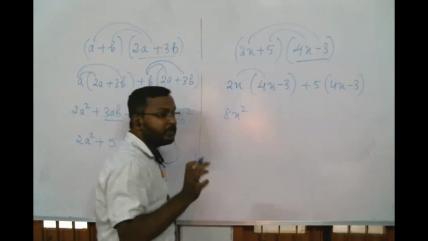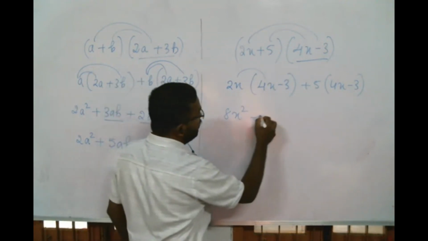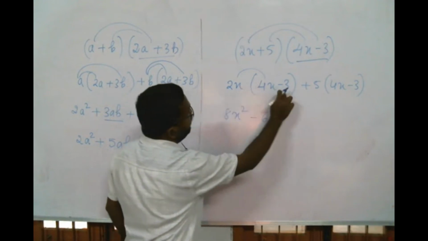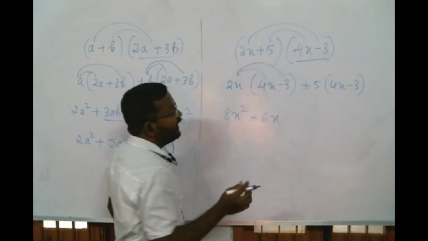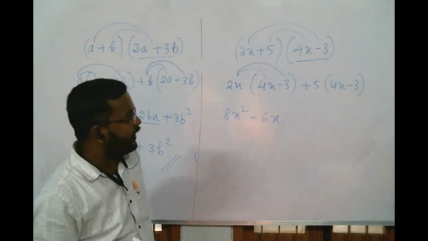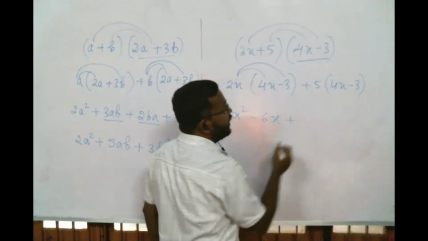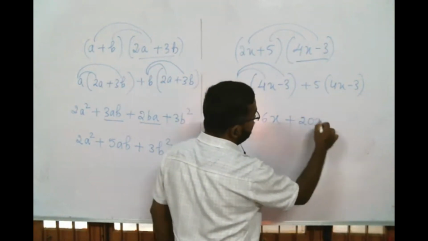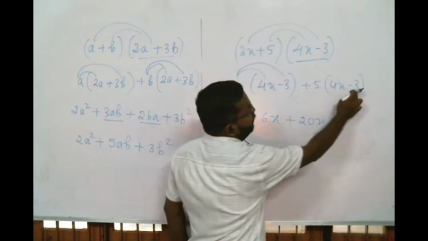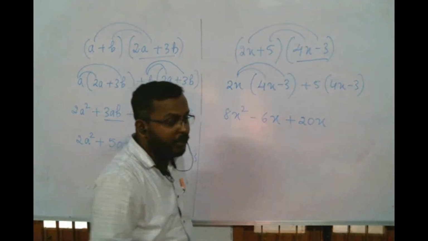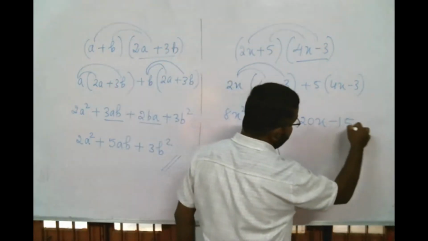So 2x into minus 3 you will get minus 6x. Here we are having a minus sign. You should multiply along with the sign. Now plus 5 into 4x, you will get 20x. Now 5 you have to multiply with minus 3. 5 into minus 3 you will get minus 15.